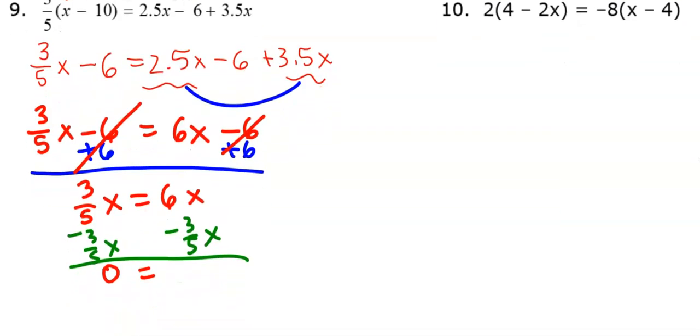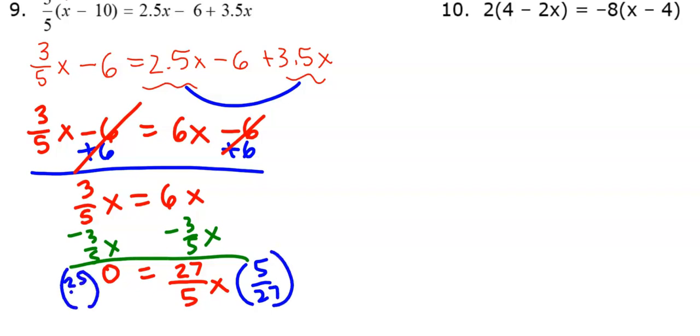So you can use a calculator to compute that. So I'm going to get 27/5. And now I'm going to multiply both sides by the reciprocal. This cancels out, and 0 times anything is just 0.